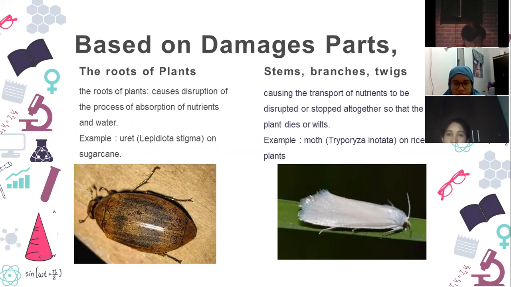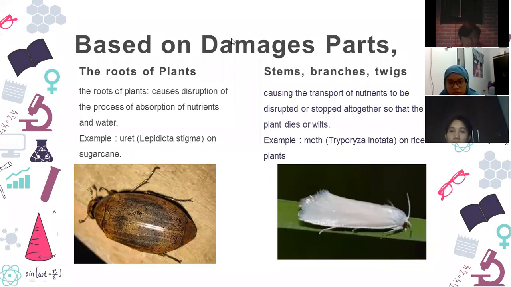Example, Lepidiota stigma on sugarcane and Phthorimaea operculella on potato tuber. Number 2, on stems, branches, and twigs, causing the transport of nutrients to be disrupted or stopped altogether so that the plant dies or wilts.